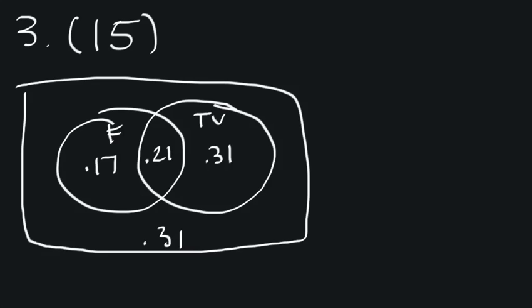The question was, what is the probability that you have a refrigerator or a television, but not both? How would I do it? You just add up 0.31 and 0.17. Perfect. 0.17 plus 0.31 gives me 0.48.